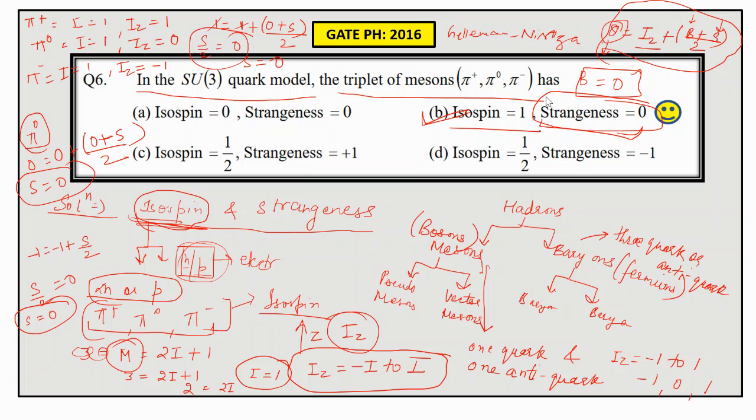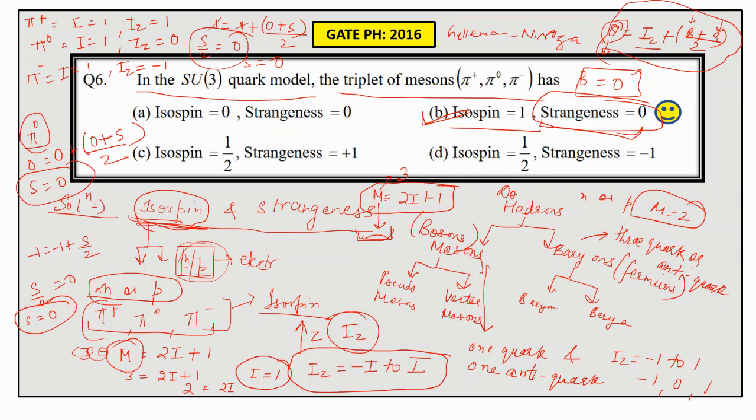So you need to find out the isospin. Isospin has this formula m equals 2I plus 1. Keep that formula in mind. m is how many particles there are. If this is a triplet, then m equals 3. Suppose you are given a doublet like n or p. In the case of neutron or proton, m will have 2 as its value.